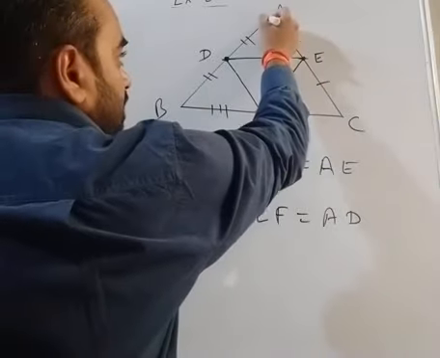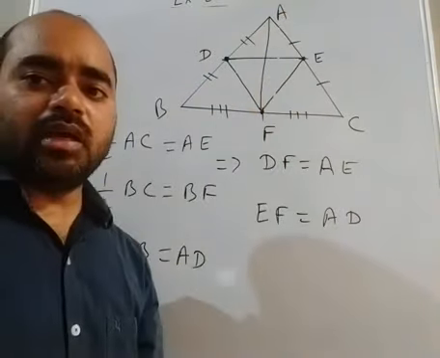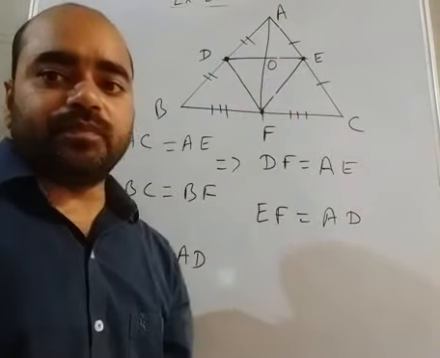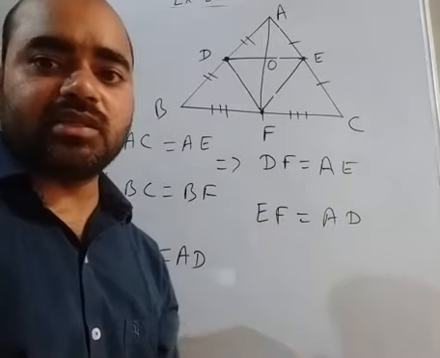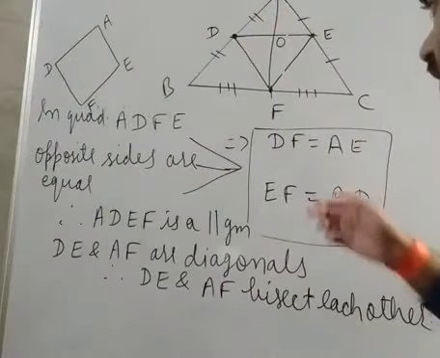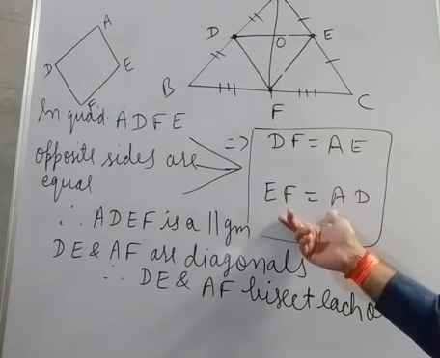Now join AF, correct? I have joined AF. Now we are having two triangles. Suppose this is O, correct? So we have proved that DF is equal to AE and EF is equal to AD.